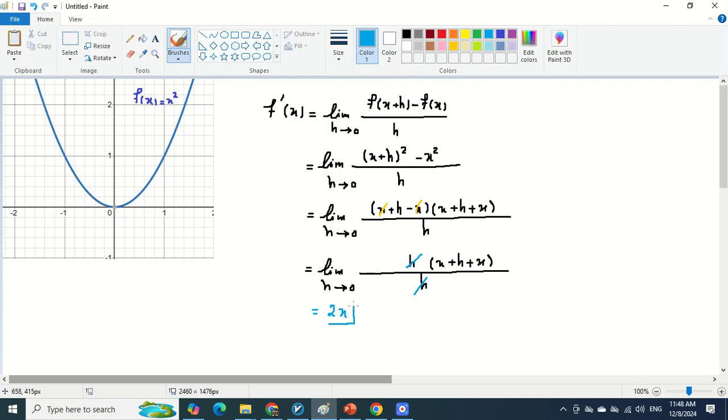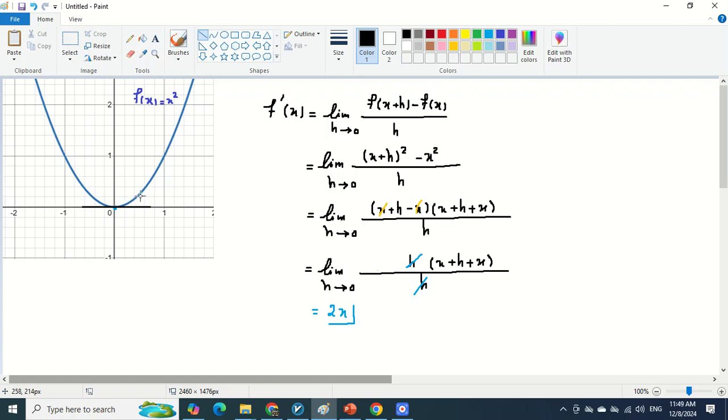Indeed, this 2x determines the slope of a line for this given graph. For instance, at the point 0, the derivative is 0, because 2 times 0 will be 0. So if you sketch the tangent line at the point 0, you will see that the tangent line determines the 0 value of the derivative.